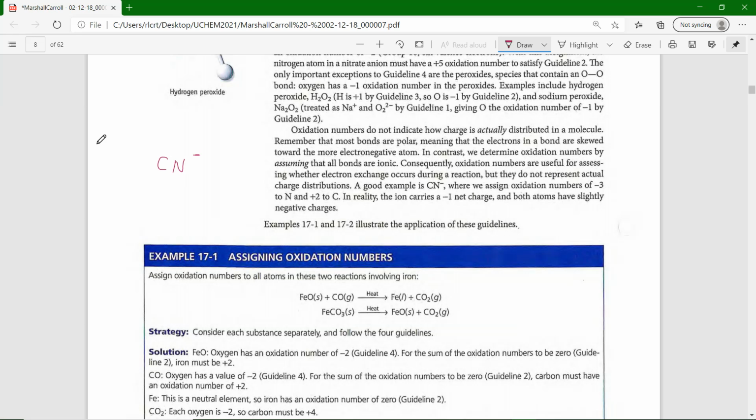Okay, so in that case, this is one we haven't encountered before, but we'll assume, even though there's a covalent bond, to get the oxidation number, you assume it's ionic, and nitrogen is 3 off from forming a completed shell, and so then what's left over is the carbon has to be +2. Okay, so that's a rule we won't see often, but there it is.